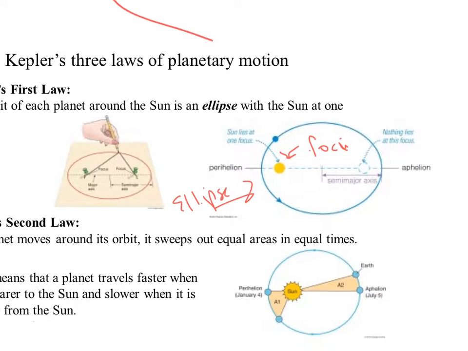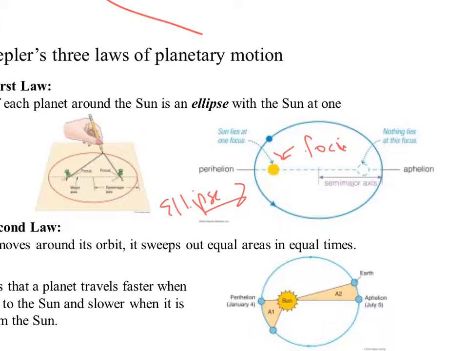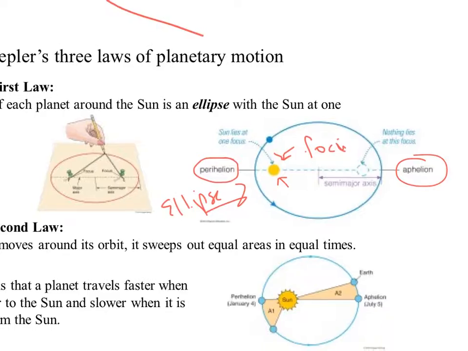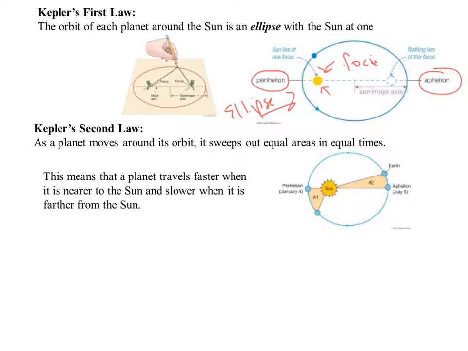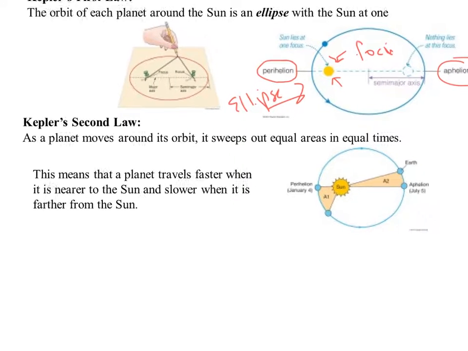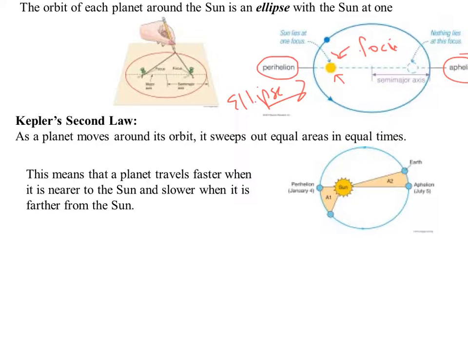One thing you can see about the ellipse, with the sun at one focus, is that it's off center. When a planet is close to the sun, we call that perihelion, and when it's far from the sun, we call that aphelion. That plays a part in his second law. Kepler's second law, how the planets orbit the sun, says that as they are near the sun, they go faster.